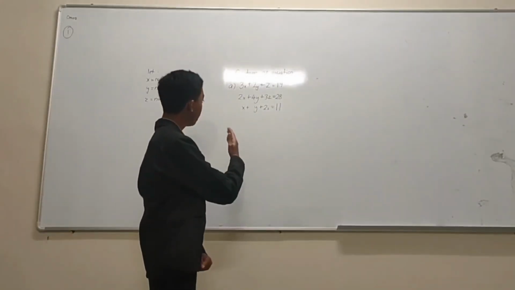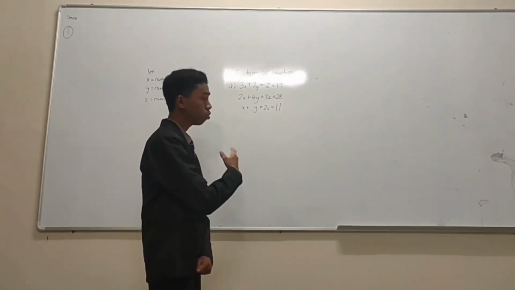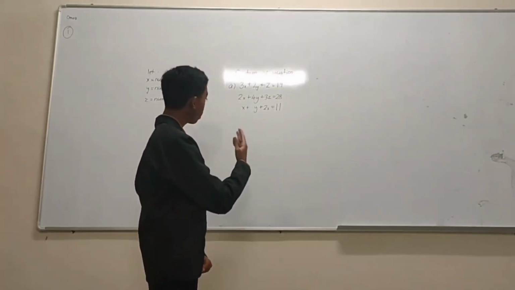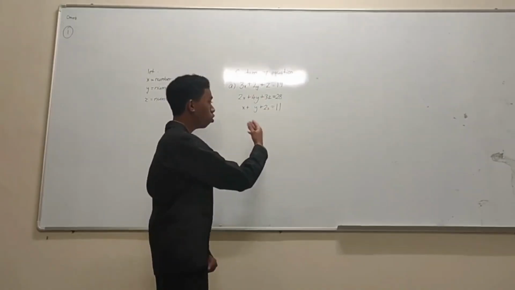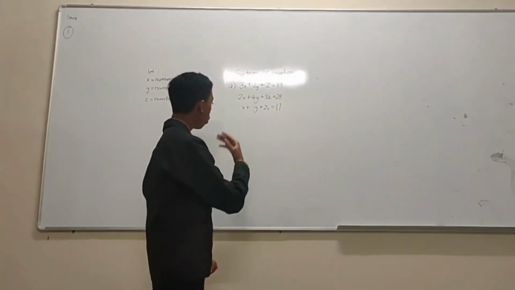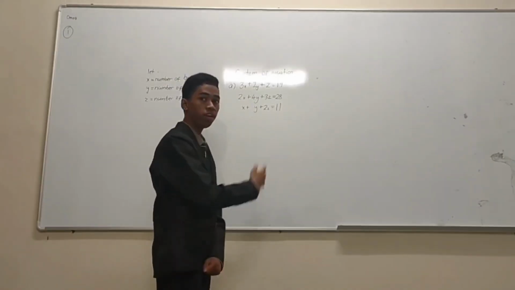Cardboard: 3x plus 2y plus z equals 19. For plastic: 2x plus 4y plus 3z equals 28. For foil: x plus y plus 2z equals 11.